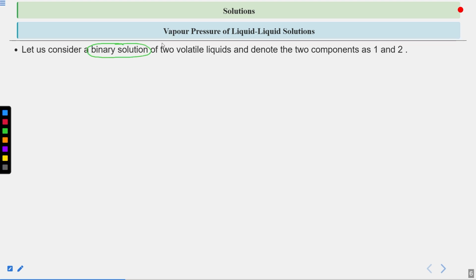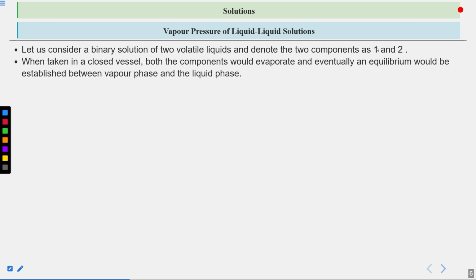A solution which contains only two components, one solvent and the other solute. Out of these, one is volatile in nature. But here we are considering that both liquids are volatile, and we are naming those components 1 and 2. Again, volatile substances are those which can be converted to vapor easily.